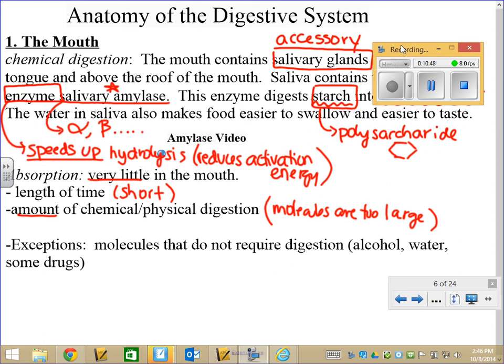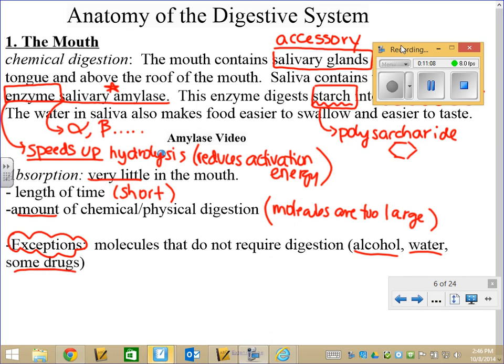Now I put a few exceptions here, but even for these exceptions, it's not like a ton of it gets absorbed in your mouth, just that some of it can be. So molecules that do not require digestion, like alcohol, water, and I put some drugs here.